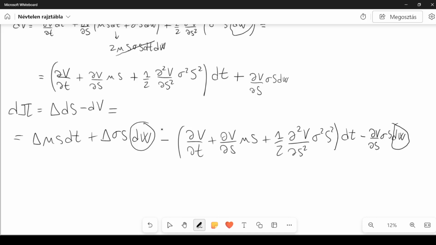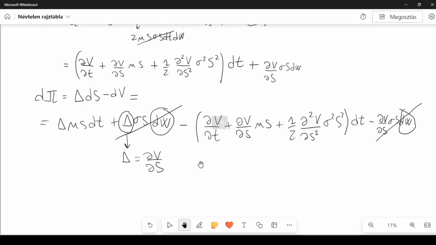So the oscillations are those that we want to minimize, these Brownian motion oscillations. And we can do so if you take a look at it, if we choose delta as dv ds. So if we choose delta like this, you can see that this term will cancel this term here. And of course, we also have to replace this definition in here.